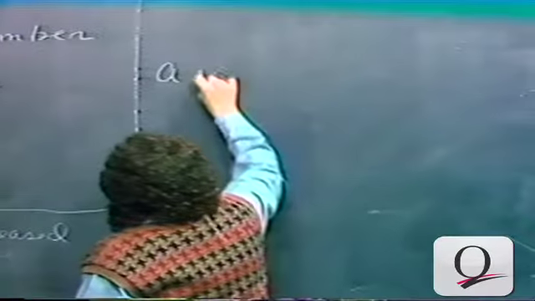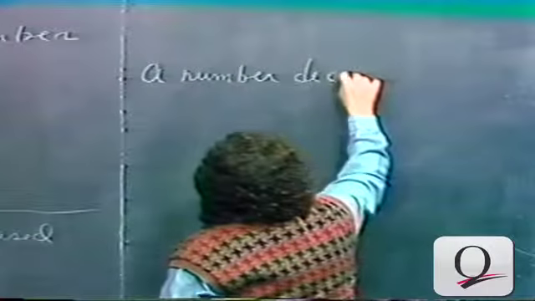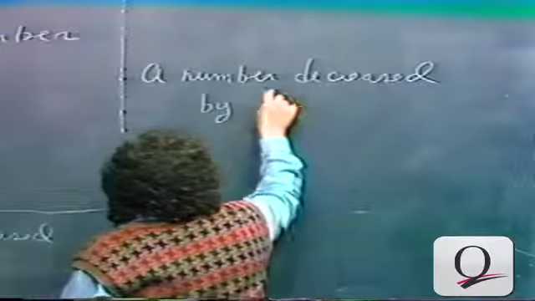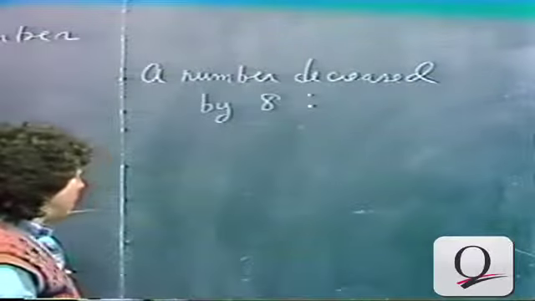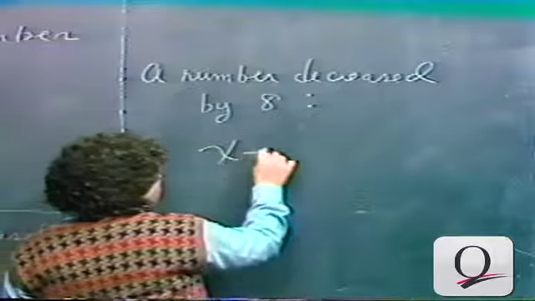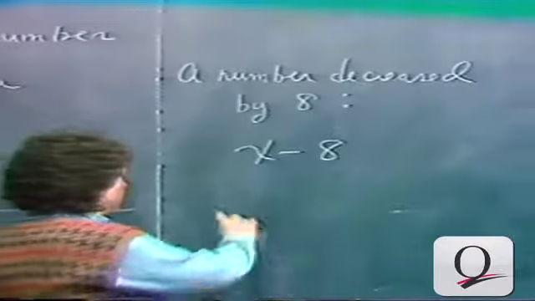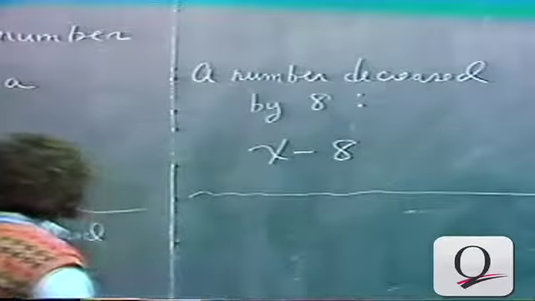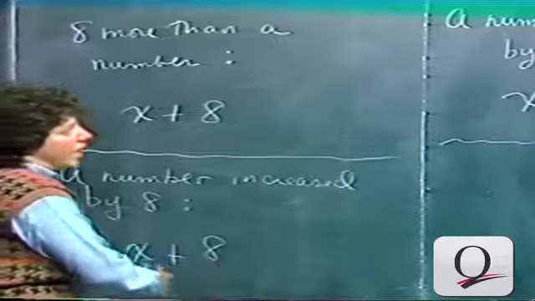How about this? A number decreased by 8. The number is x. X decreased by 8 is written x minus 8. A number decreased by 8. Increased by 8 translates to plus 8. X plus 8.